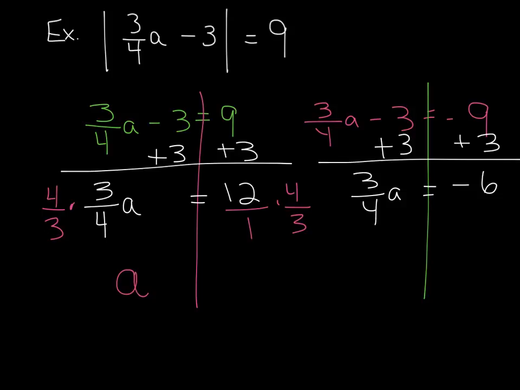When I do that, I now see I've got 12 times 4 over 1 times 3, which in this case then gives me the result of 16. Over here, again, same method, multiply by 4/3, putting that over 1. I have an end result of negative 6 times 4 over 3, which gives me a negative 8.